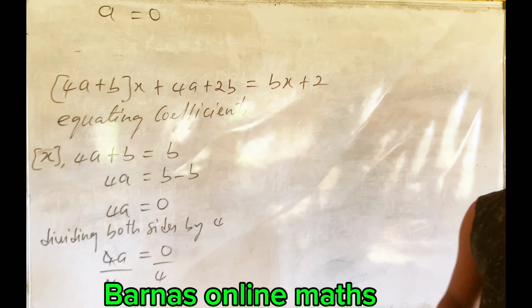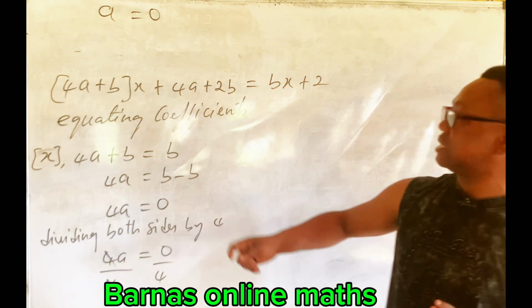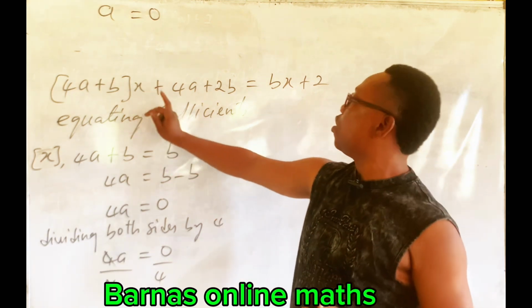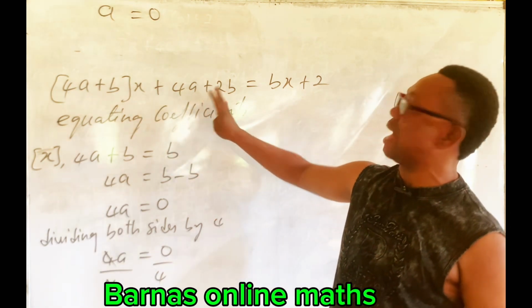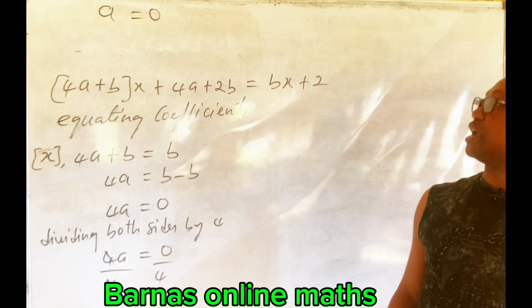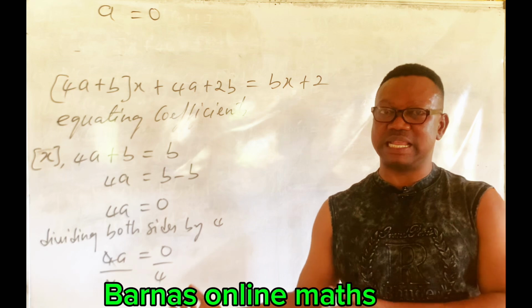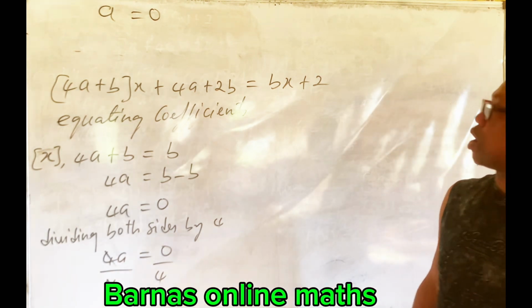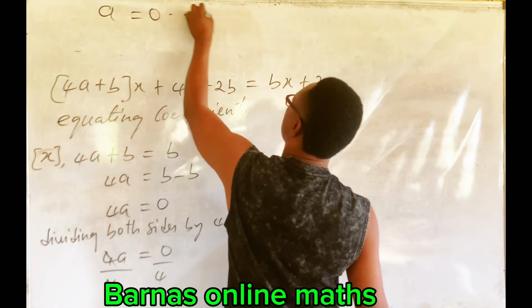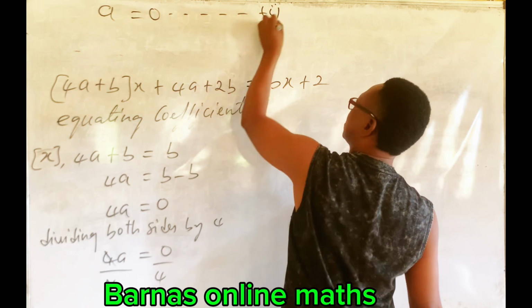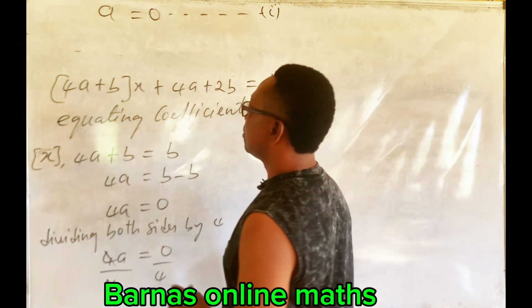Now, remember we equated the coefficient of x. Now, what remaining here are the constants. We need to equate the constants in the left hand side and that of the right hand side to see what we have. Okay, let's call this equation I as the solution of a.